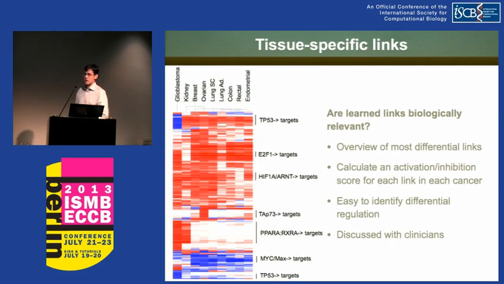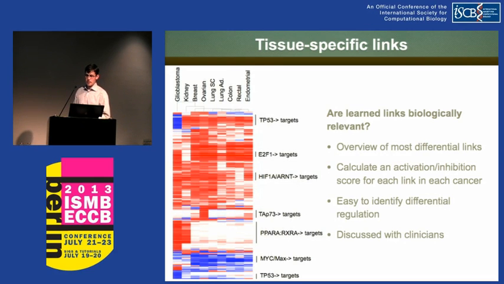Okay, so we think we showed that we're actually learning something about the links, and now the question is whether what we're learning is biologically relevant. So what we did here was we made a heat map and assigned a score to each link, where the intensity of the color is based on the g-test strength, and the positive or negative is just based on the correlation.